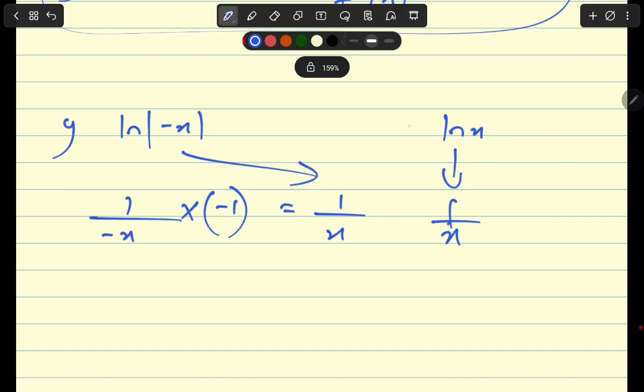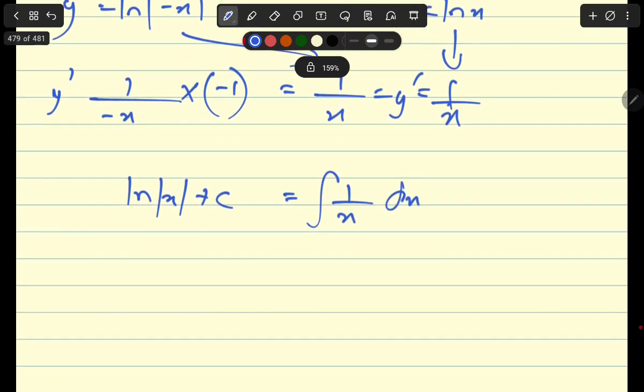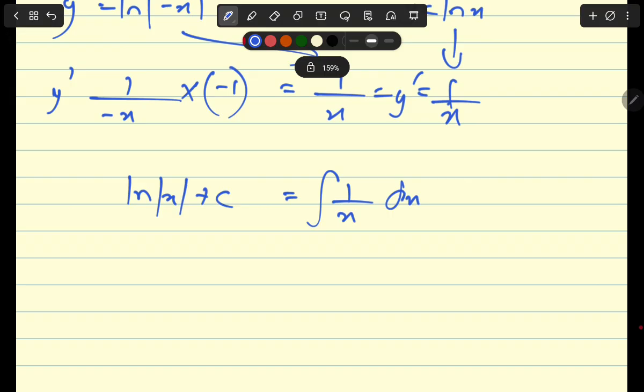So this is y, and this is y prime, and this is y prime. Okay, now to write one formula that works on either side of 0, we use ln modulus of x plus c as the integral of 1 upon x with respect to x. Okay, this isn't decoration, it's mathematics.